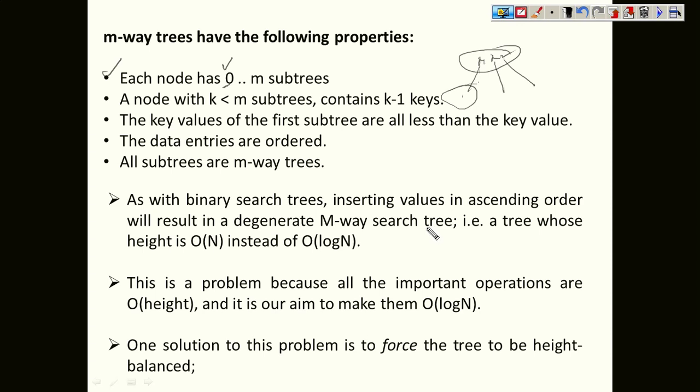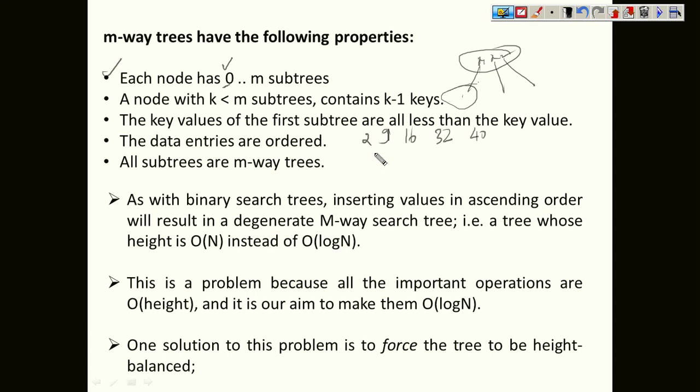We have seen that binary search trees are ordered trees, but they are not balanced. If you insert values in ascending order, you may get a tree extending towards one direction. For example, take the key values 2, 9, 16, 32, and then 40.